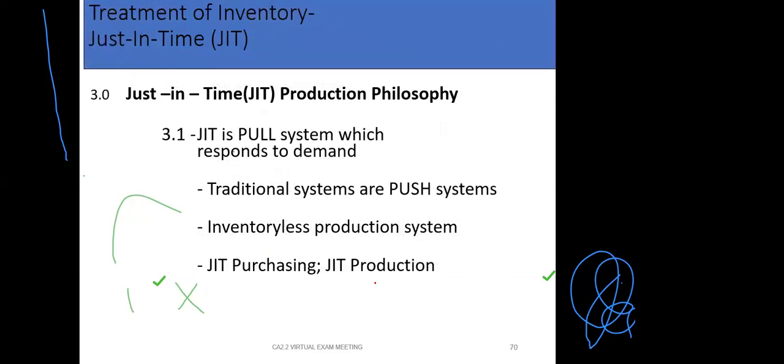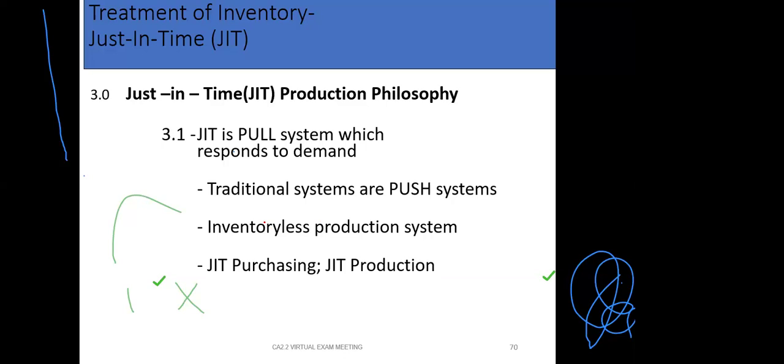Okay. Just in time, JIT, production philosophy. It's a pull system which responds to demand. The traditional systems are push systems. They push materials. Even when there's no customer, they are pushing materials to production and producing goods in the hope that somebody is going to buy.